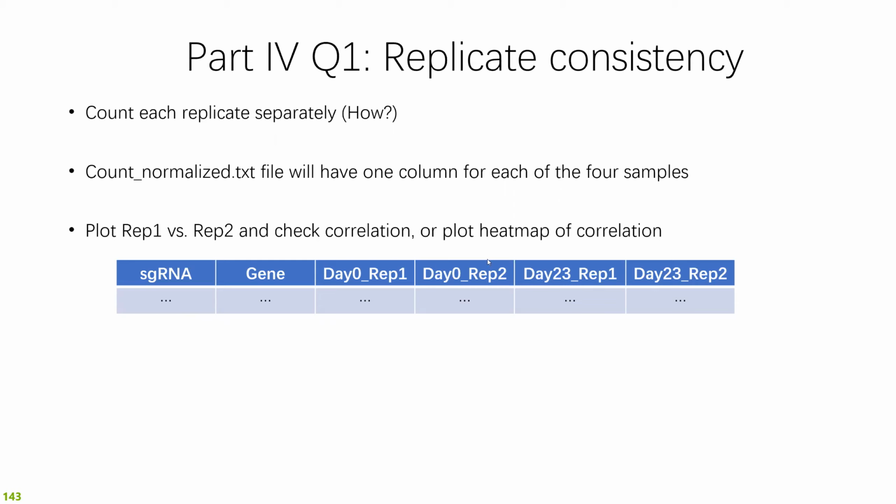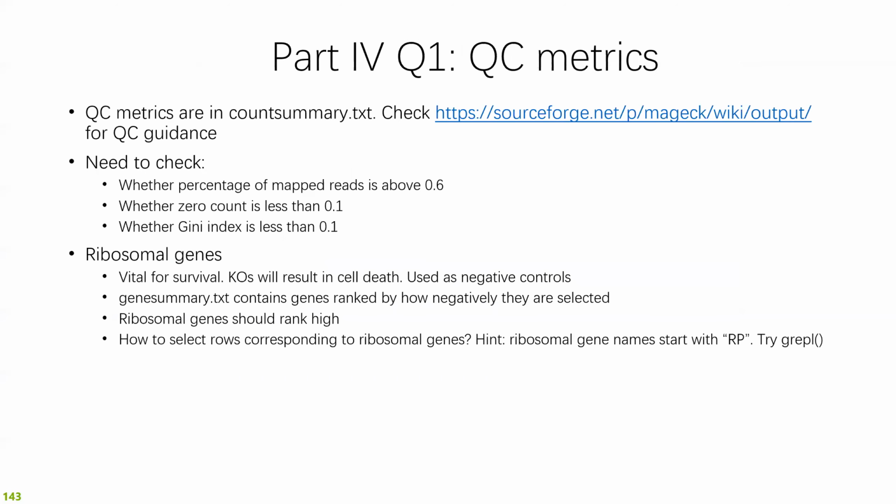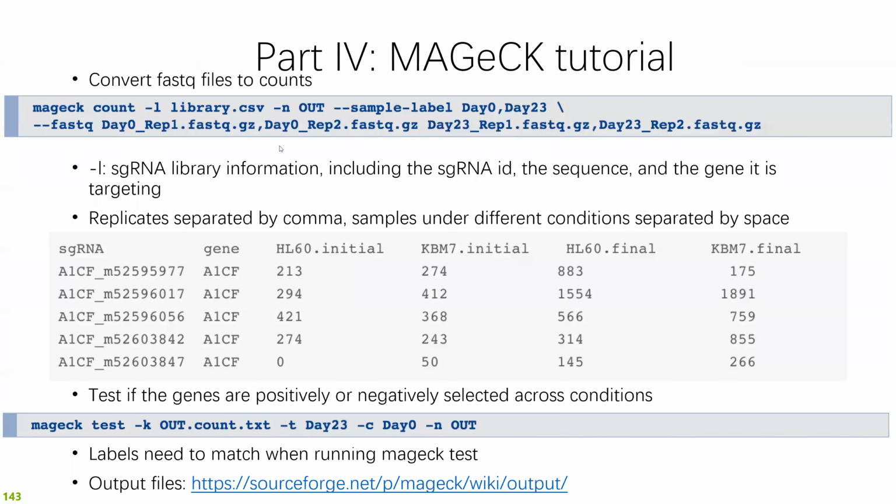So here's a question for you to think about, and this is very vital for this part: how do we count each replicate separately? A hint is to think of what I talked about here, that replicates are separated by a comma. What if we separate each replicate by a space? So treat it just like they are samples under different conditions.